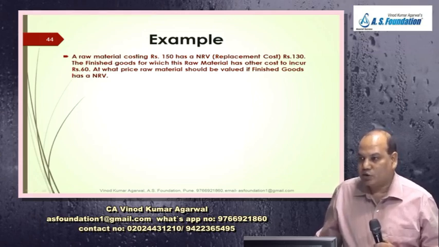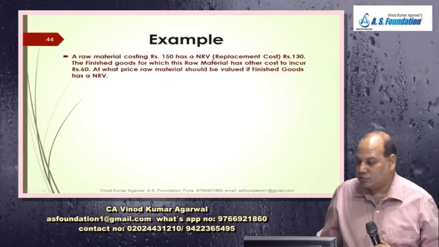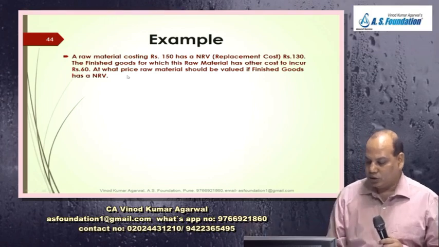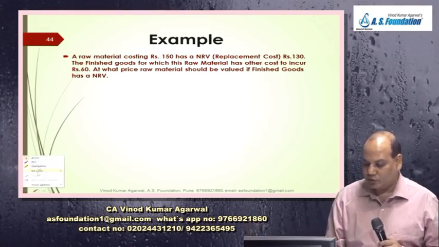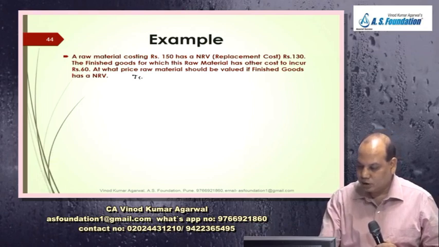A raw material costing rupees 150 has net replacement value of 130. The finished goods for which this raw material has other cost to incur is rupees 60. So what is my total cost of finished goods? 210.